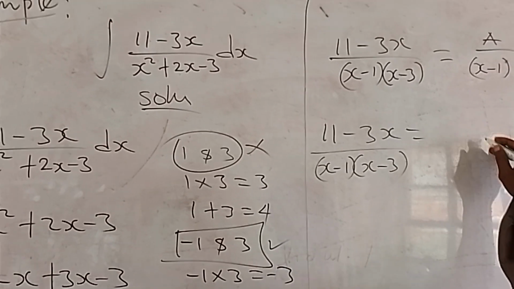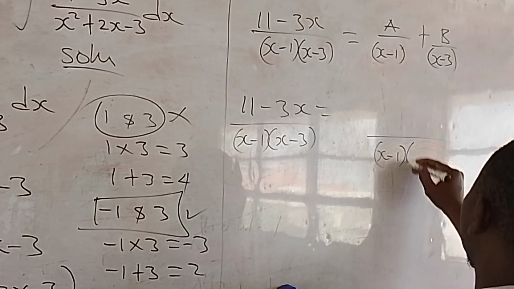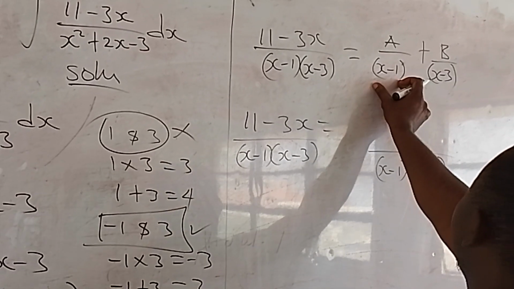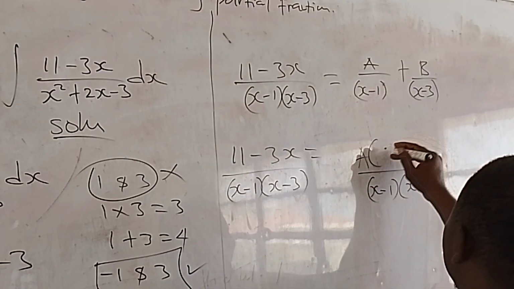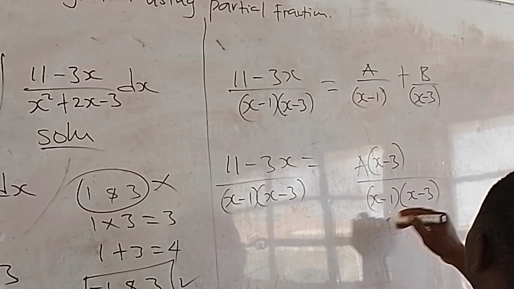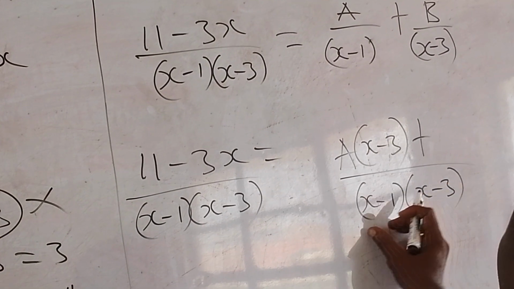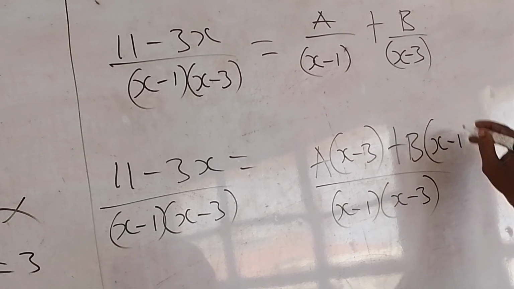Okay, so the LCM is (x minus 1) all in bracket (x minus 3). This to divide this, remember x minus 3, so it will be A all in bracket (x minus 3). Then plus this to divide this, remember x minus 1, it means B all in bracket (x minus 1).